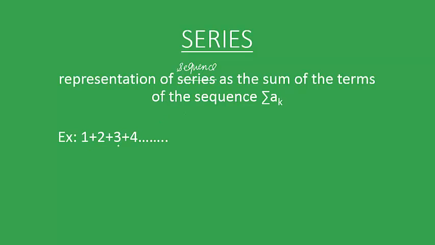For example, if we consider the sequence of the natural numbers, to express it as the series, we have 1 plus 2 plus 3 plus 4 and so on. So this particular thing is a series. If we have 1 comma 2 comma 3 comma 4, then this same thing is called a sequence.